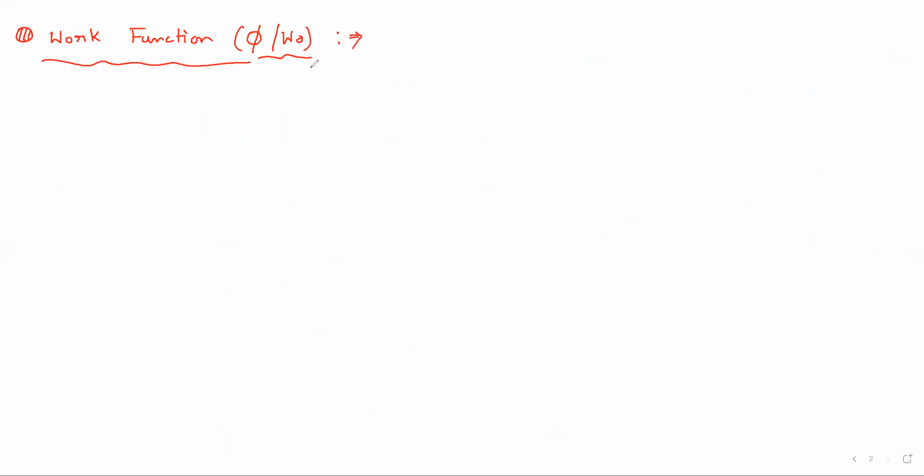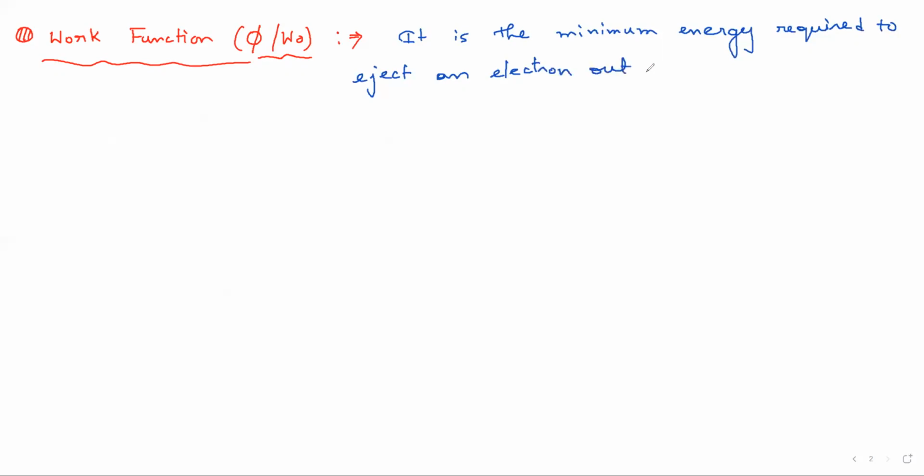It is the minimum energy required to eject an electron out of the surface of metal. Okay, clear?